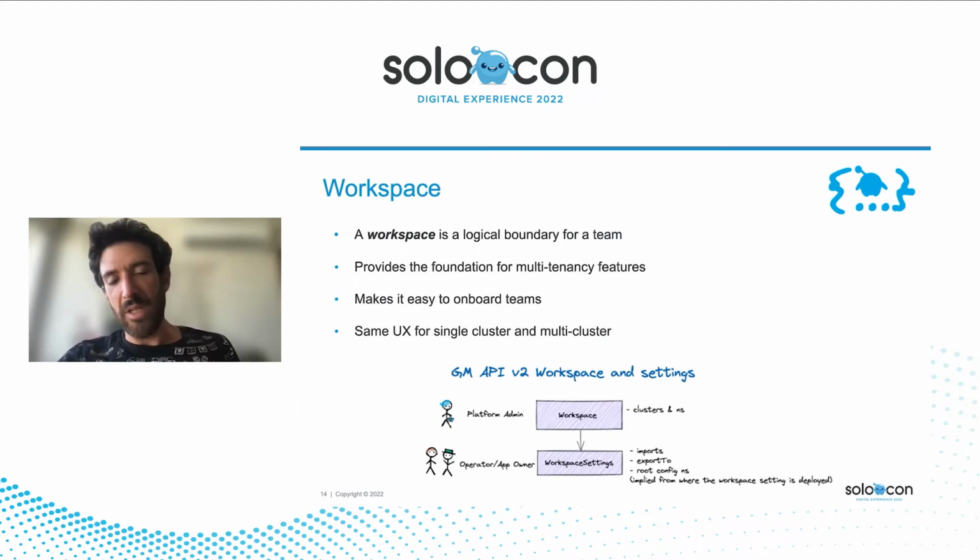The workspace is a logical boundary for a team, and it is an actual partitioning of configuration as well as services and deployed resources inside of workload clusters. It's the foundation for all of our multi-tenancy features. It makes it easier to onboard teams, and it provides an abstraction on top of the Kubernetes cluster so it can be scaled between single cluster and multi-cluster usage.